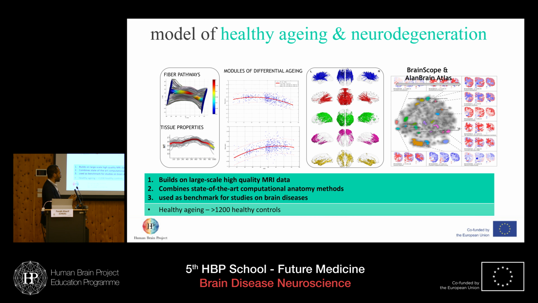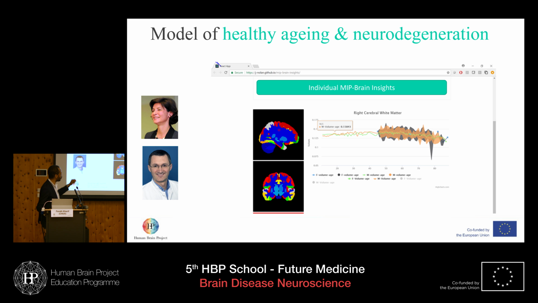So we need some sort of good reference model about what's happening through age, and then using these different measures, we try to build trajectories about age that we can use as a reference. So we have created many of these tools that clinicians can now use to compare one individual patient to different cohorts.